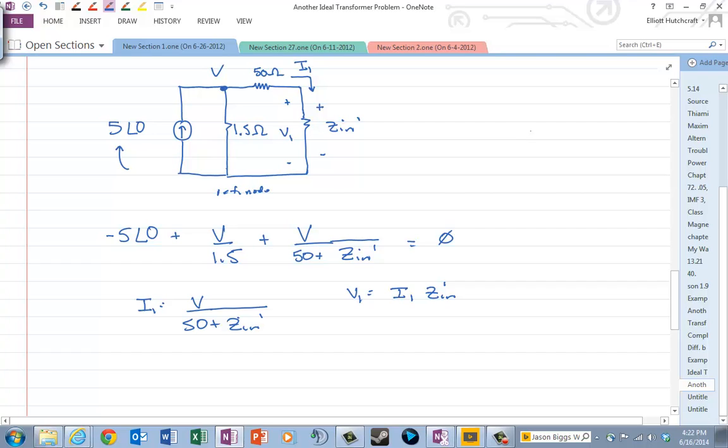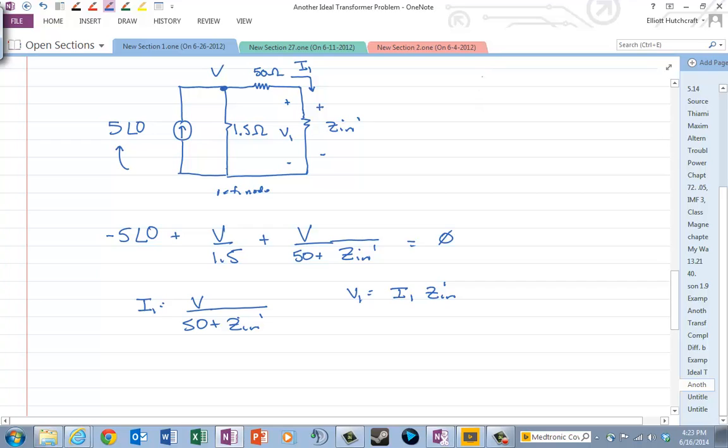I actually looked at the book problem, and it does indeed appear to be in peak, because normally if the book is going to say something, they'll clearly write it as like 5 angle 0 RMS amps or something like that, and they don't put the RMS in there, so I suspect that they mean to indeed have it in peak.